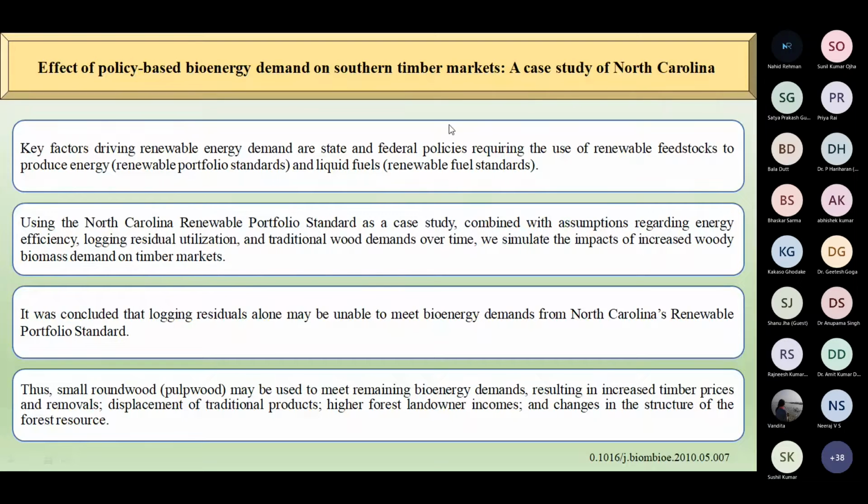And this one is the case study of North Carolina. They studied the effect of policy-based bioenergy demand on the southern timber market. In this case study, they combined some assumptions regarding energy efficiency, logging residual utilization, and traditional wood demand over time.